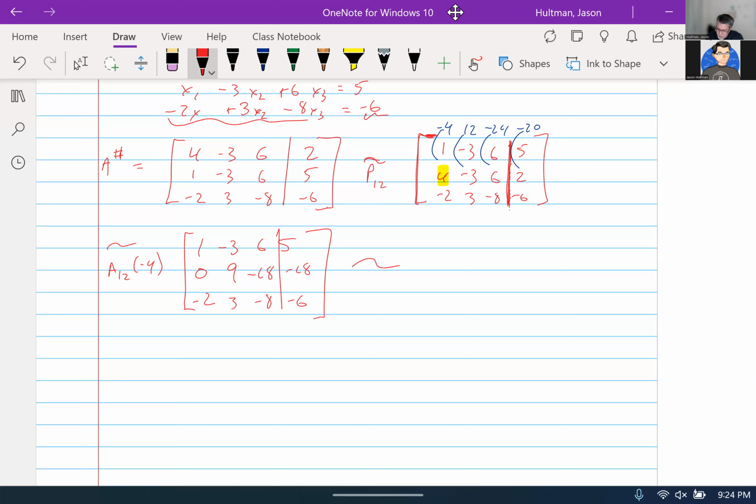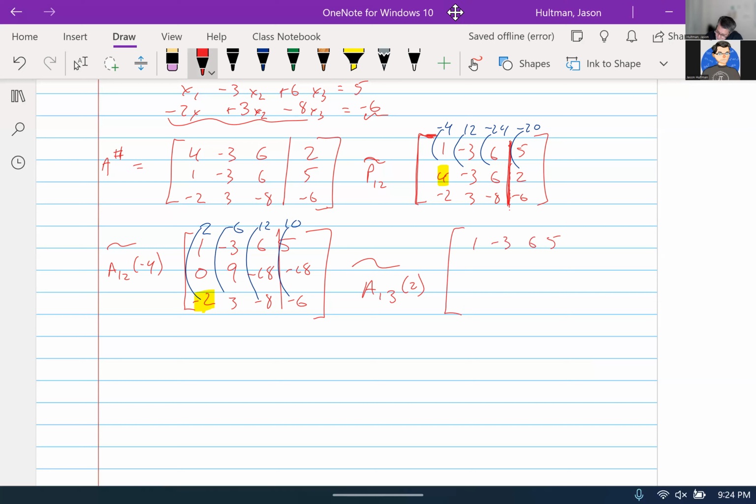Okay, now I want to get rid of this negative 2. So let's multiply row 1 by 2 and then add that to row 3. That's going to be 2, negative 6, 12, and 10. And then add that to row 3. First row stays the same: 1, negative 3, 6, 5.